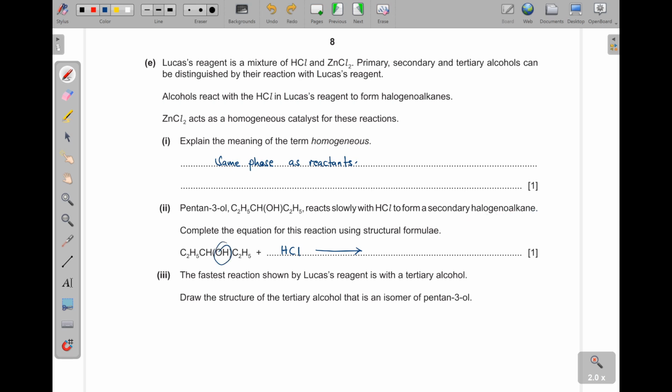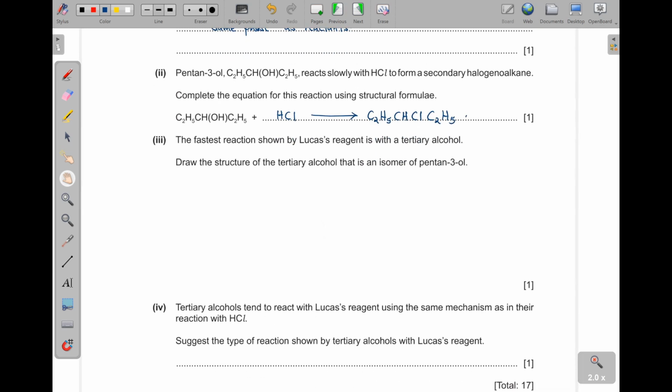So where there is OH, you put Cl. So we can have C2H5, then CH, then we can have Cl, then C2H5, like that.